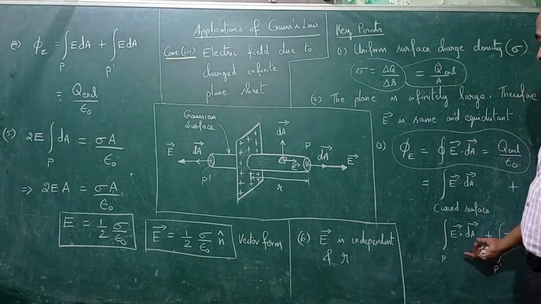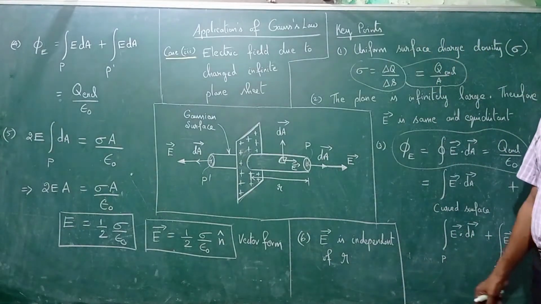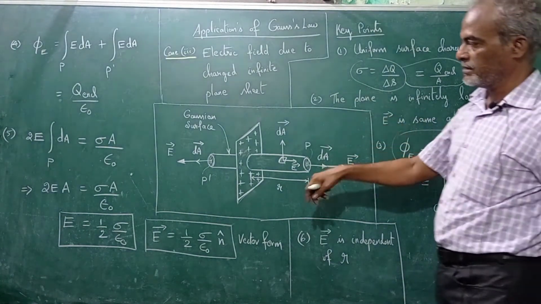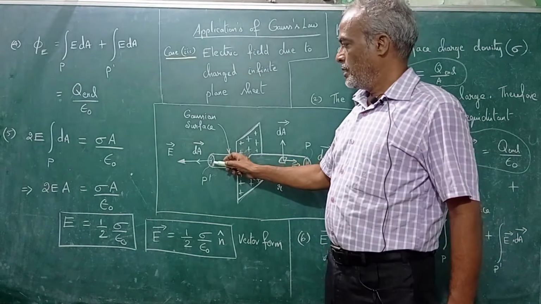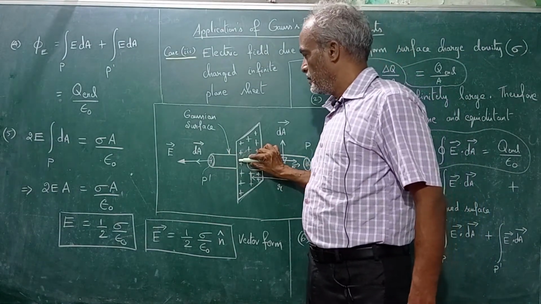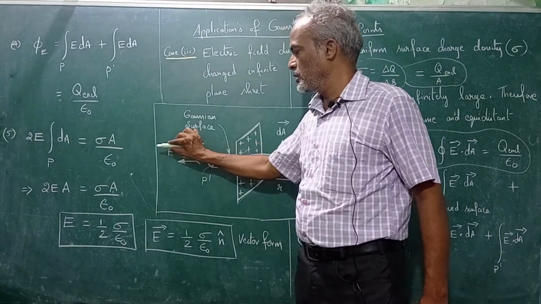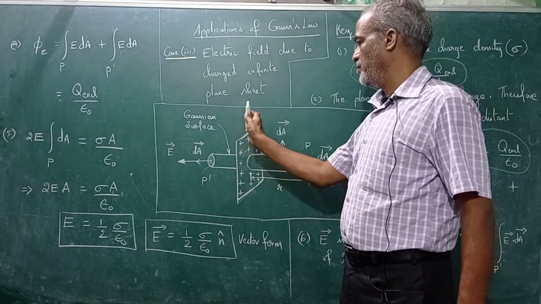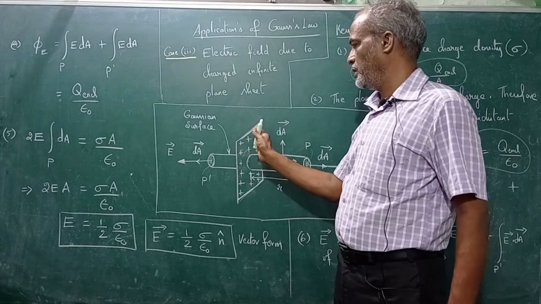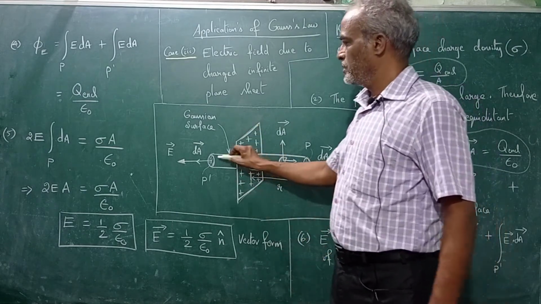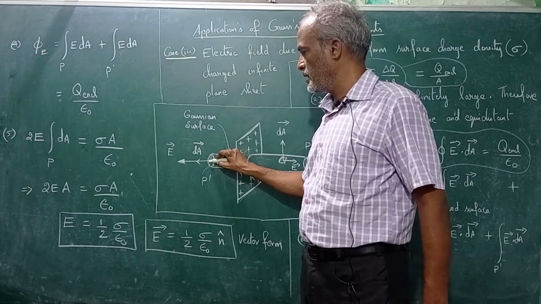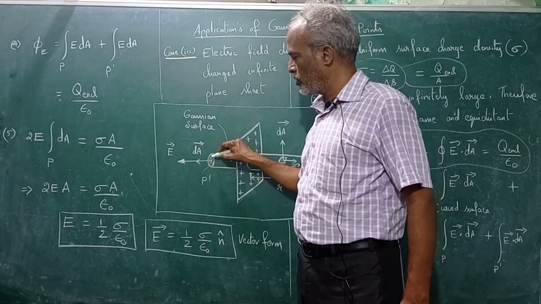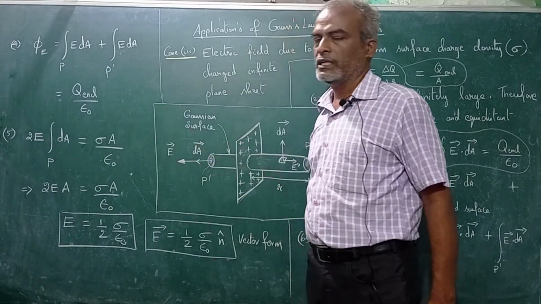Therefore, the value will be magnitude of E into magnitude of A. Similarly, if you consider the other side, the electric field is directed towards this side because of this uniformly positively charged sheet. The E field is coming out. If you consider a small area dA, the unit normal for that area is also along the E field.